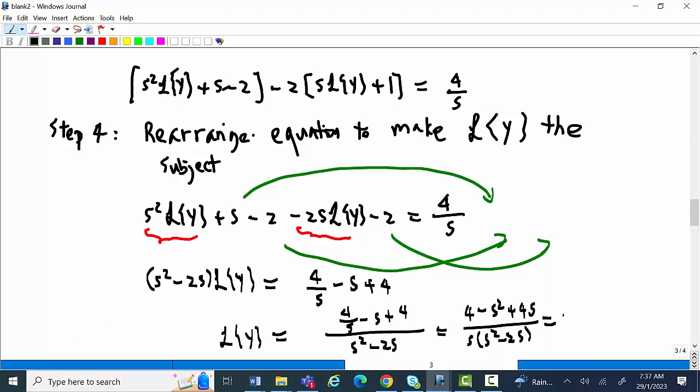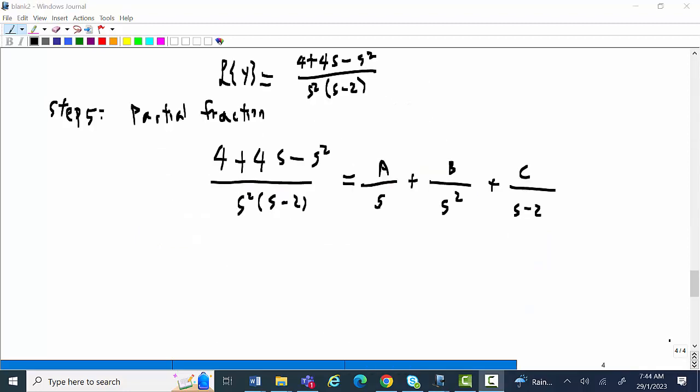This is actually 4 plus 4s minus s square, then pull out the s again, we get s square (s minus 2). So they're making L of y the subject on the left hand side.